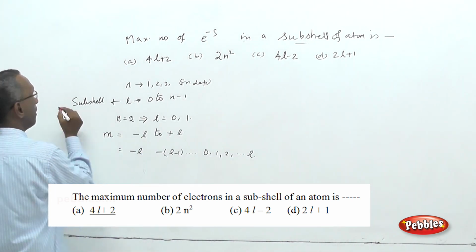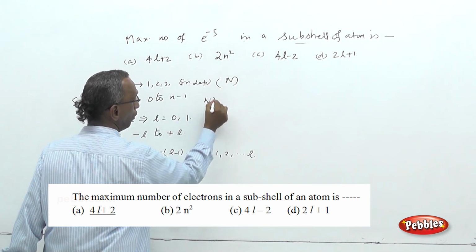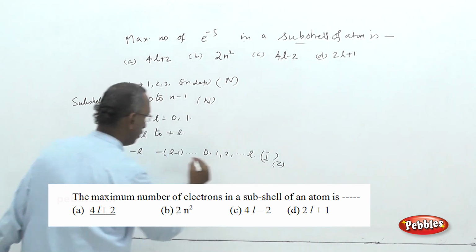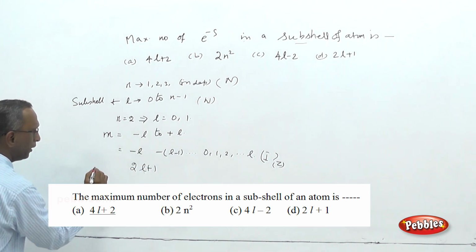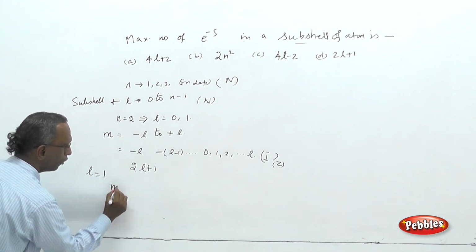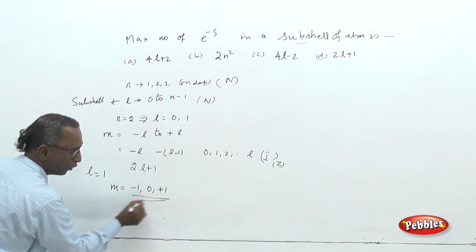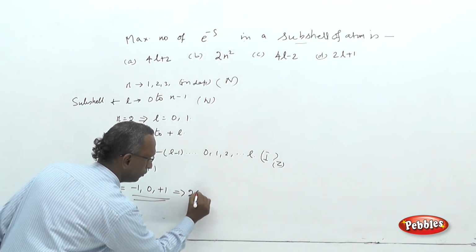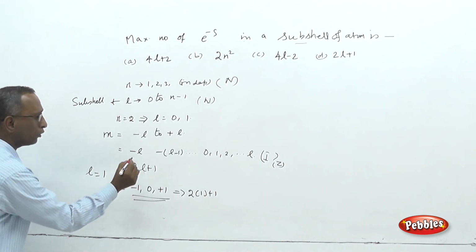The total number of values will be 2l plus 1. Let us give an example. If you put l equal to 1, m equals minus 1, 0, plus 1. There are 3 values, which is nothing but 2 into 1 plus 1, that is 2l plus 1.